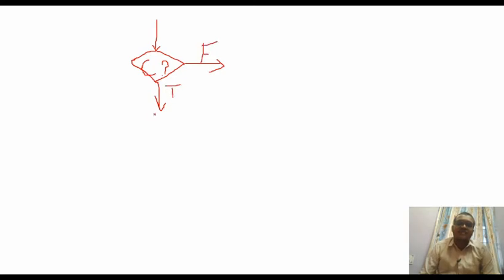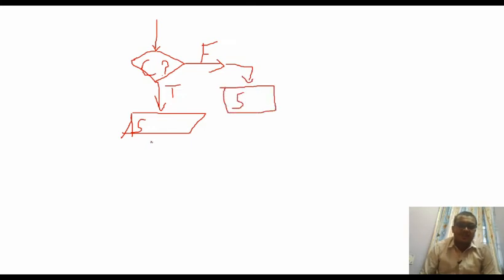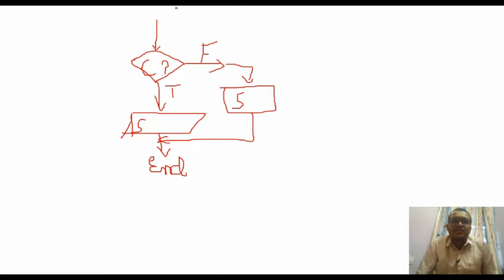If the condition is true, you are going to execute the true statements. If it is false, you are going to execute the false statements. After executing this, it goes on to the next execution, or the program may end. So this is the schematic version. You have a condition, and true or false is going to be checked.